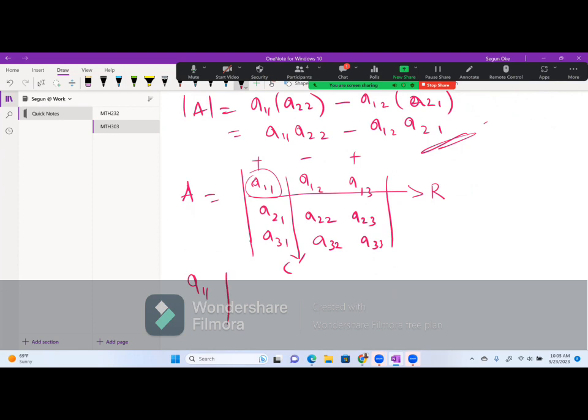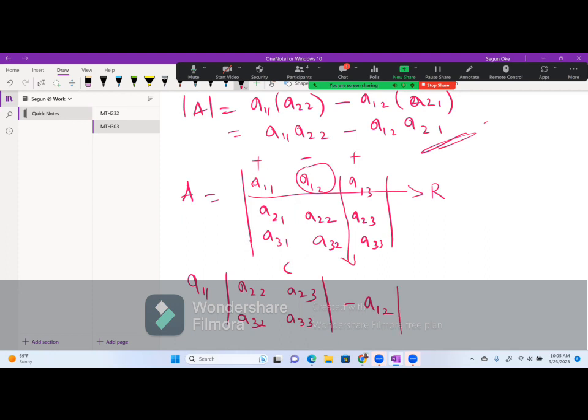It will remain what? A22, A23, A32, A33. Minus A12, because I release this one and pick this one now. I release this column also, because we have moved to the next column.